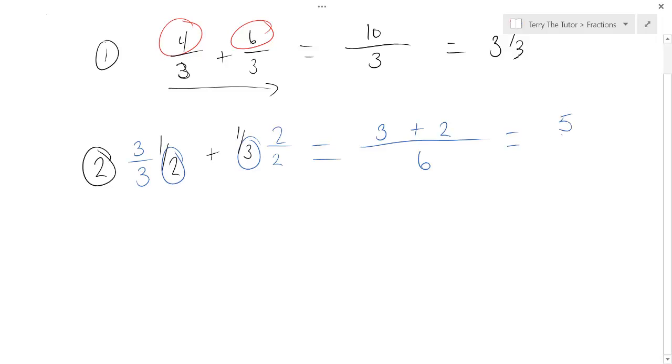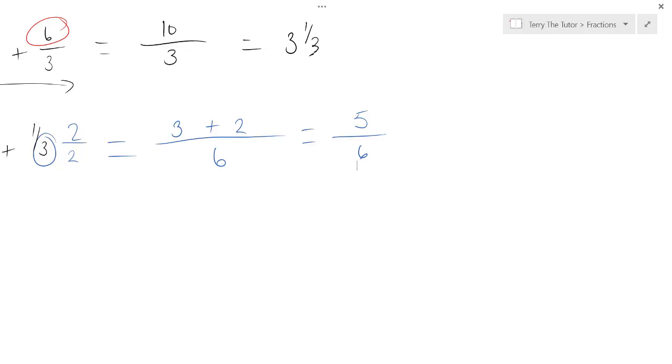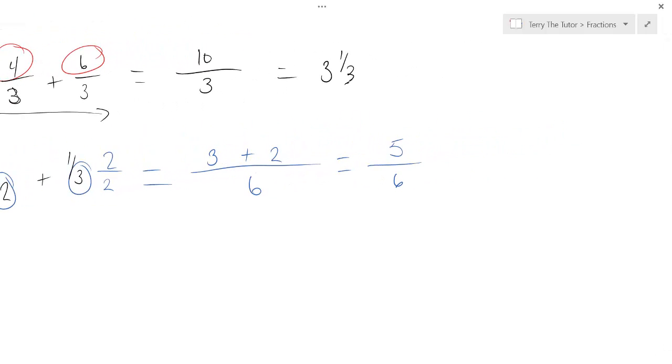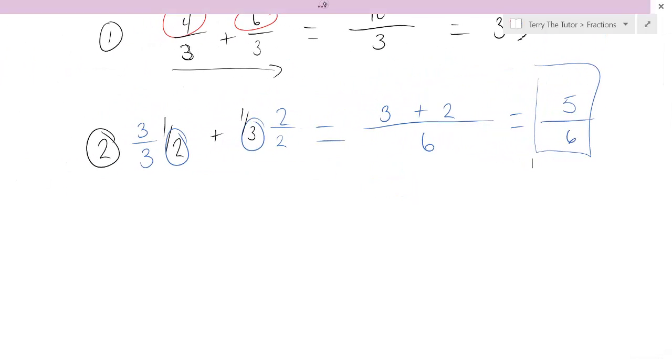Well, that's 5 over 6. Cool. So in that scenario I was talking about, so far I've got 5/6 of the company between me and my fictional partner. Let's try a third one.